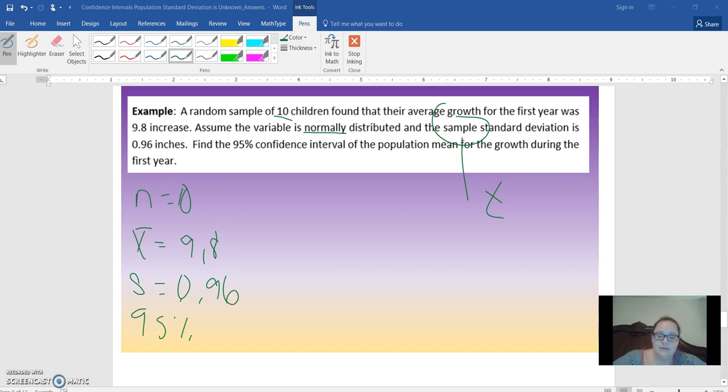So I'm going to go to stat because we're in statistics, go over to test, go down to T interval. All right, and I'm going to type in 9.8 for X bar. Sx is 0.96. There's 10 kids, and it's 0.95.